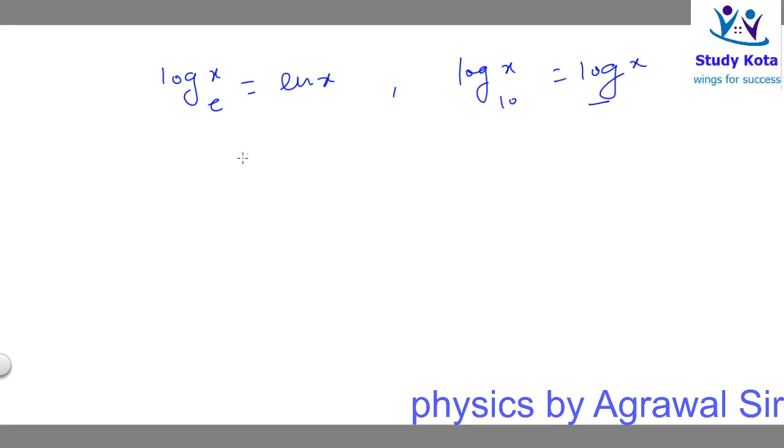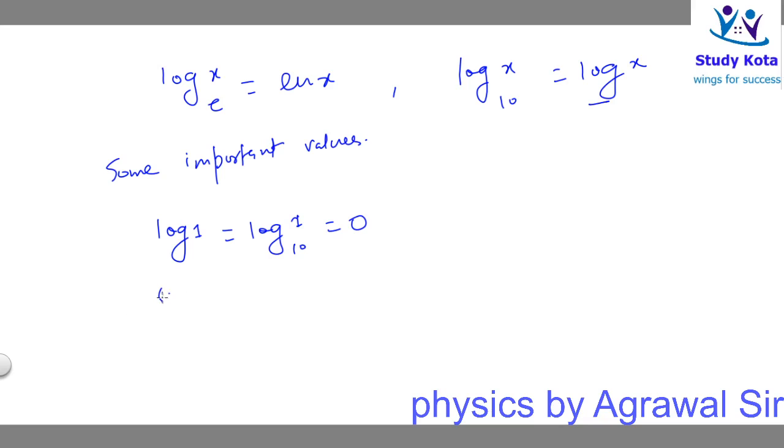Okay. So I am telling you some important values of log, which are used very frequently, like log of 1. So what does it mean? Log 1 to the base 10 की वैल्यू कितने हो जाएंगे? 0. If I am saying log 2, मीन्स बेस 10 है ऑलरेडी, आपको ये समझ के लेना, that is 0.301.